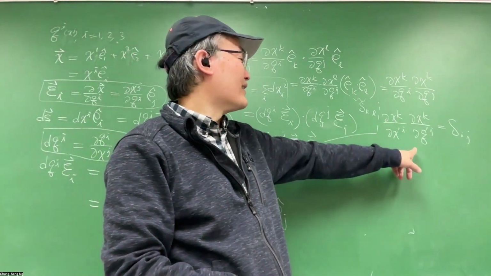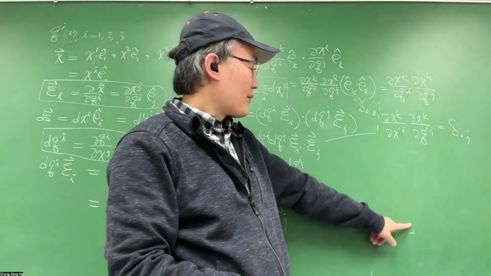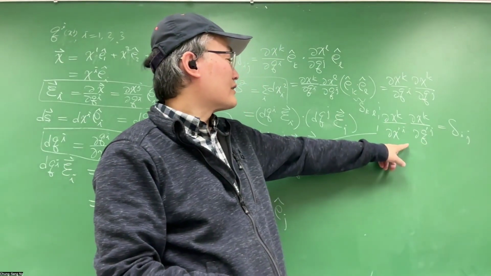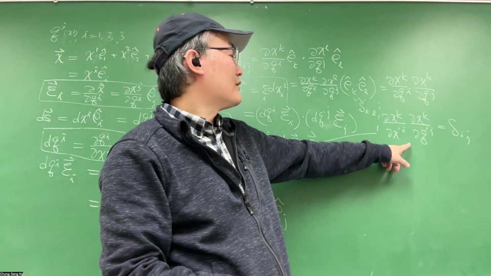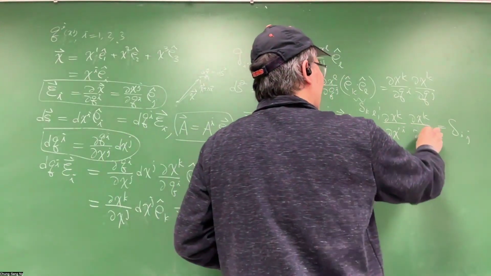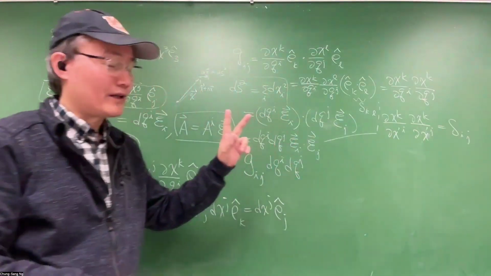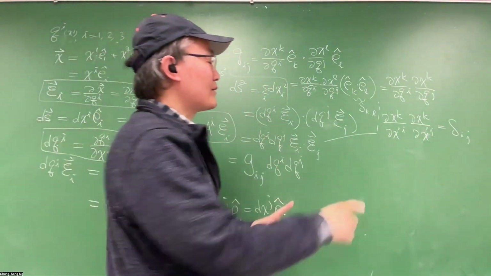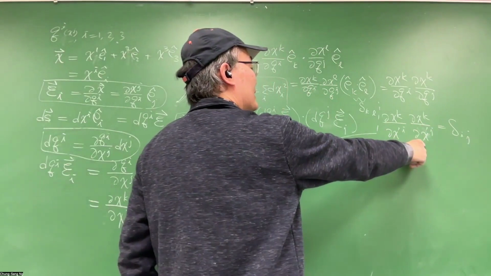I think it was the first discussion of section 4.1, this kind of transformation from one Cartesian coordinate to another, where you just rotate or do whatever with a linear transformation.